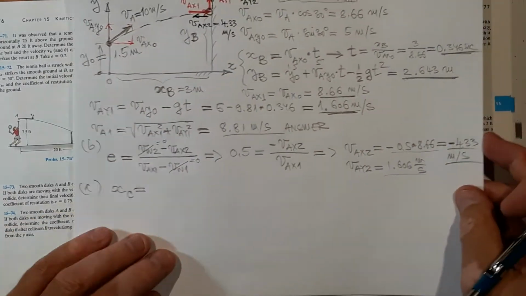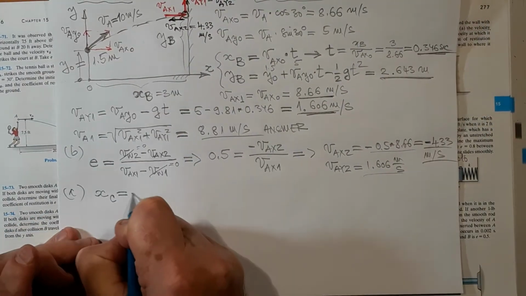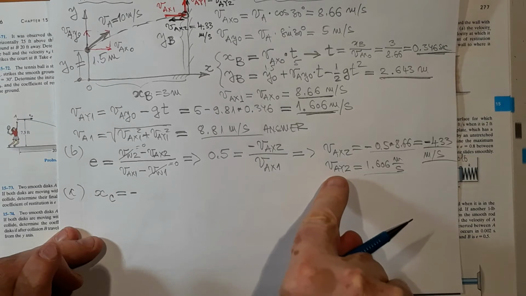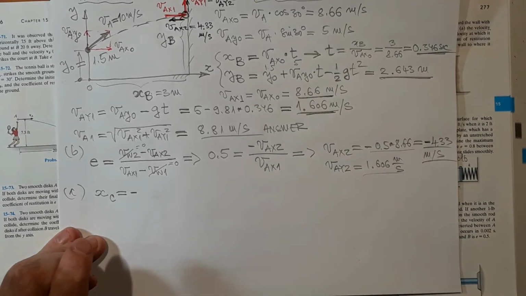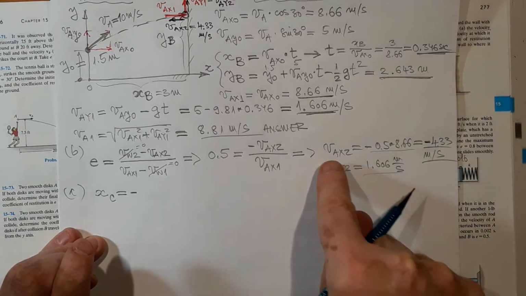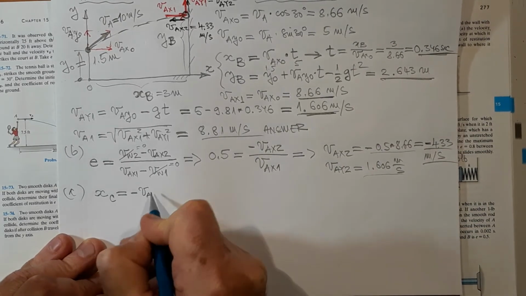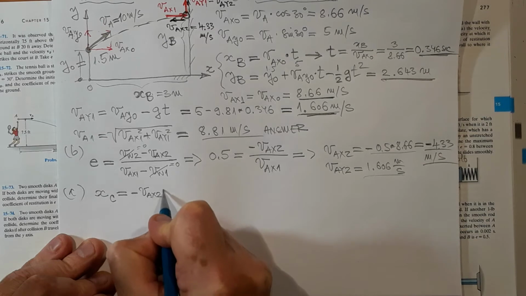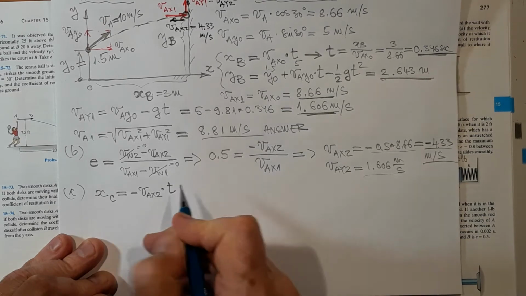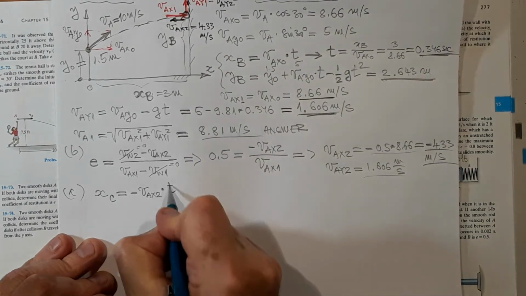So I have xc equals negative velocity, so VAX2 times t. This would be a new time value.